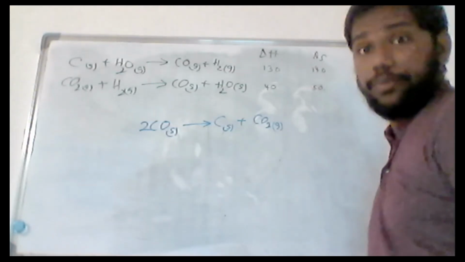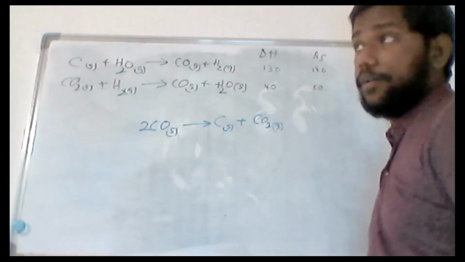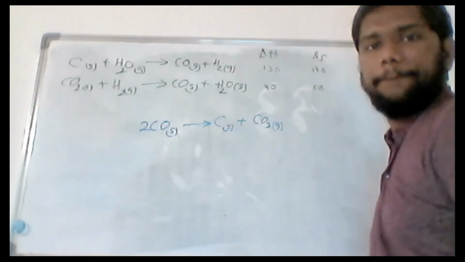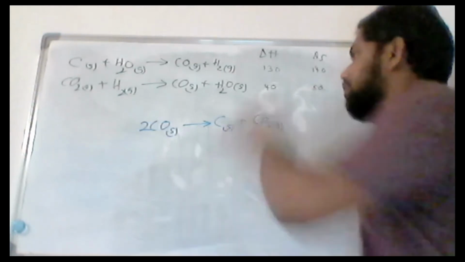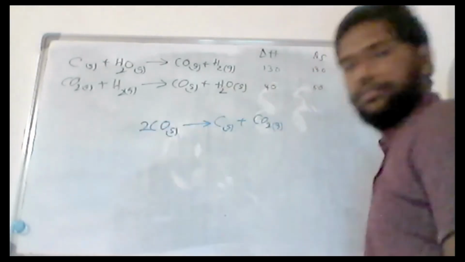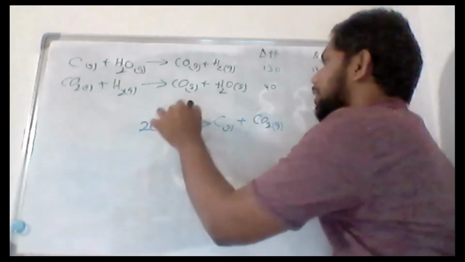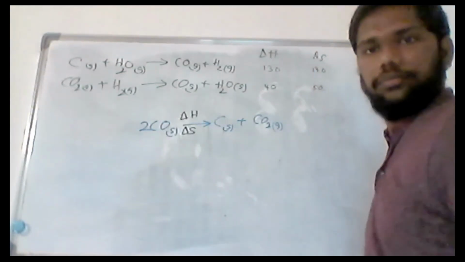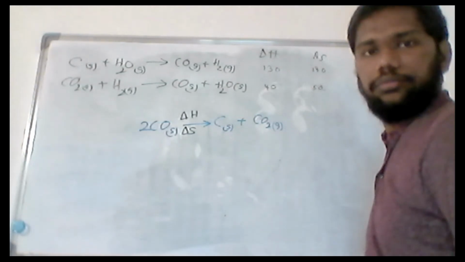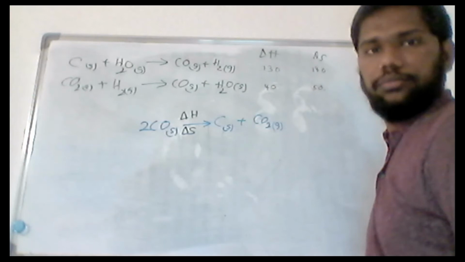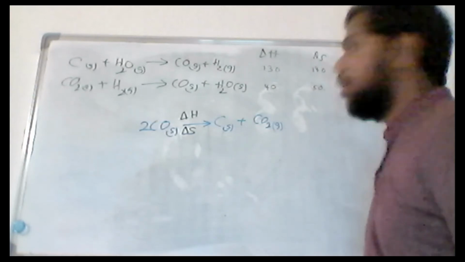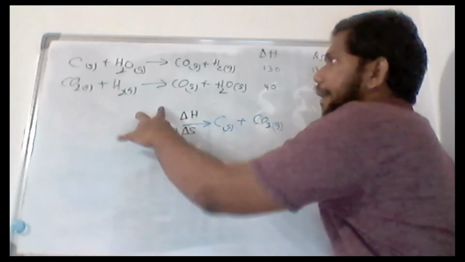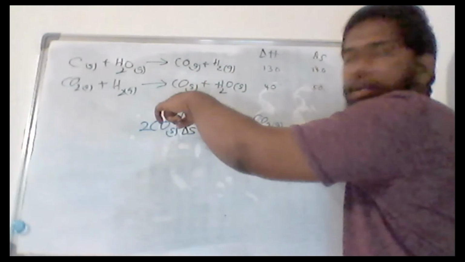We have discussed this type of question before, if I can remember, 2012 maybe, because this is the reaction that they have given. So we need to find delta H and delta S here, right? You need to get 2CO. I see CO here and CO here.